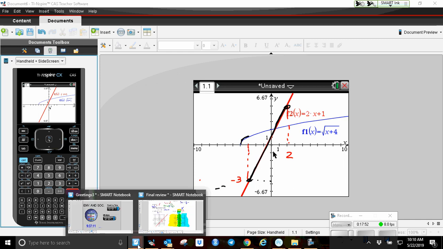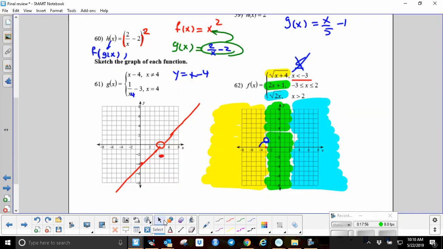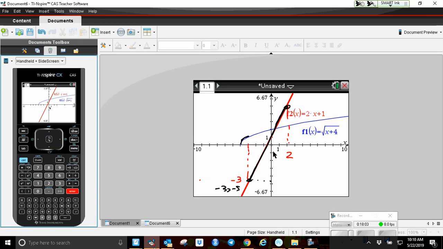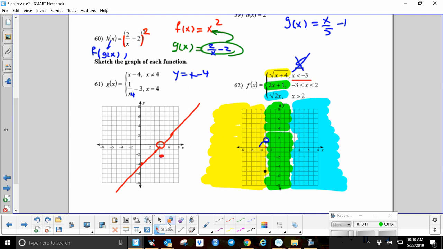That's -3 and -5. I'm going to do right there. Touch that. So 0 and 1. 0 and 1 is right there.